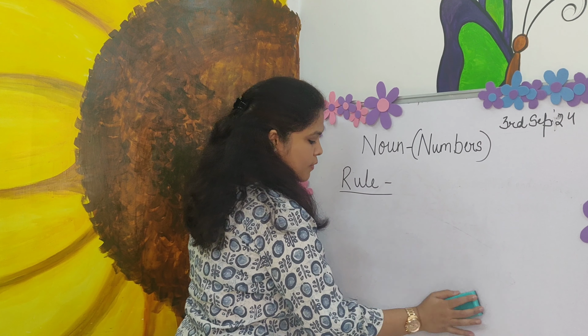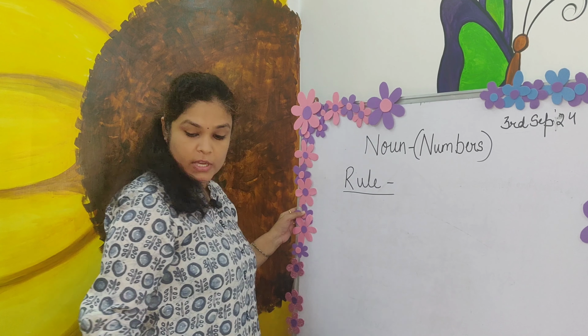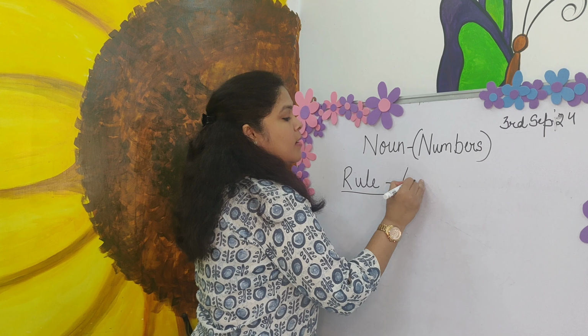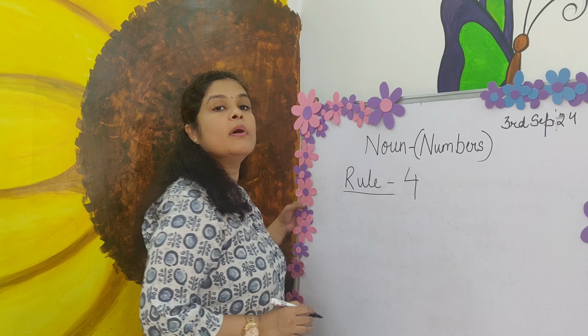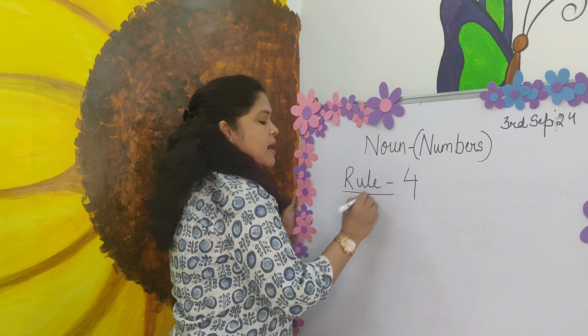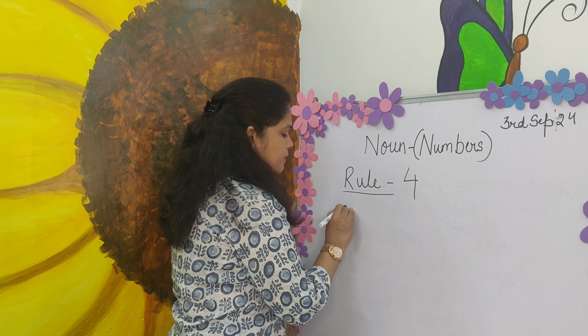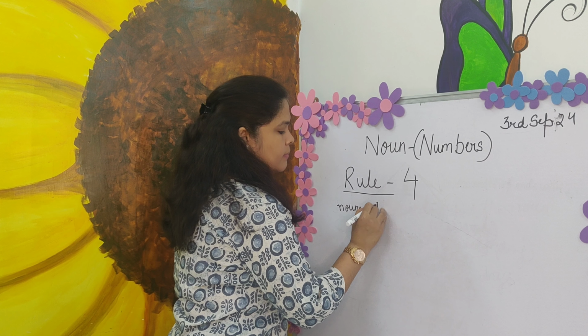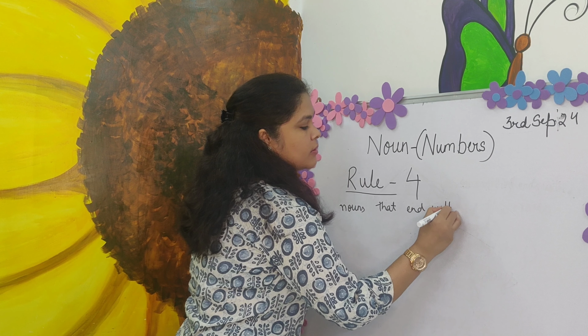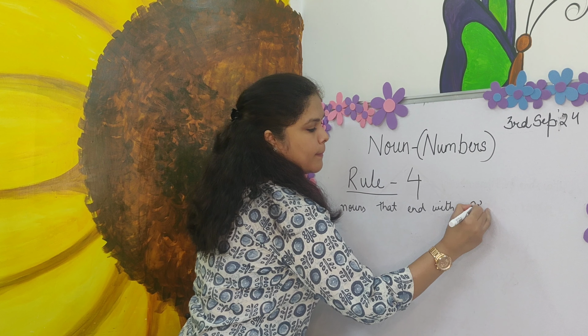Rule number 4. Okay, we need to be very careful when we are learning about rule number 4. Please pay attention. Here, the nouns that end with o.